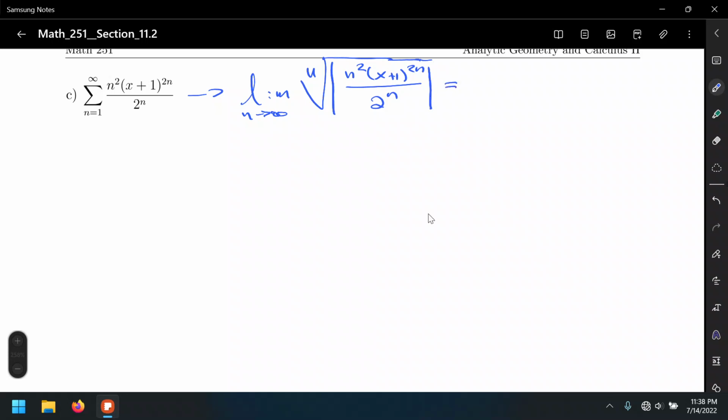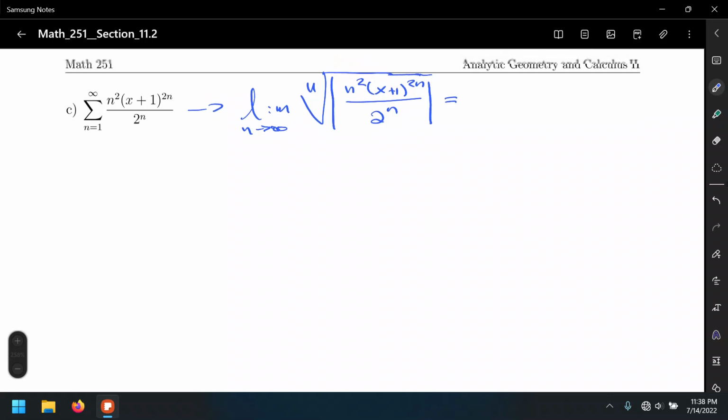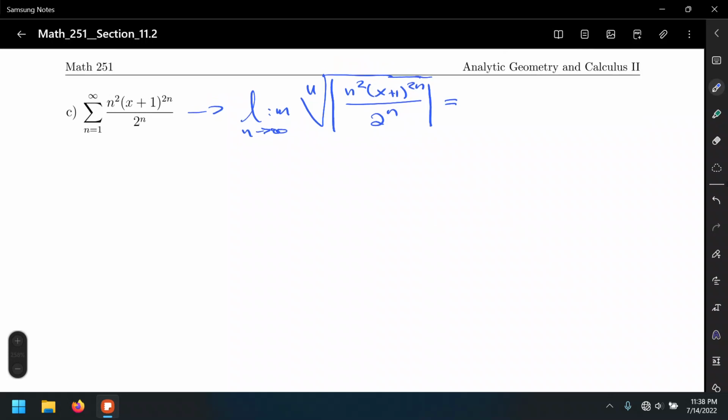So what are we going to do here? Let's do one step at a time. I'm going to get rid of the absolute value bars in the first place, but notice this radical with index n.